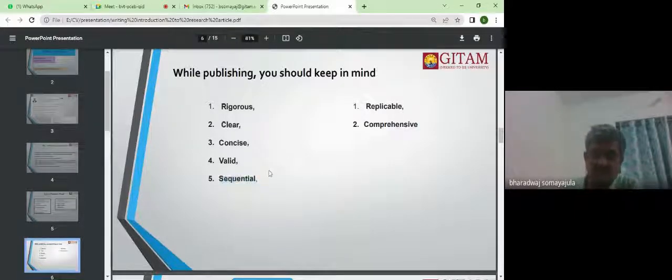So your sequence should be documented properly. It should be verifiable, and it should be reproducible. So you have to re-verify your data.